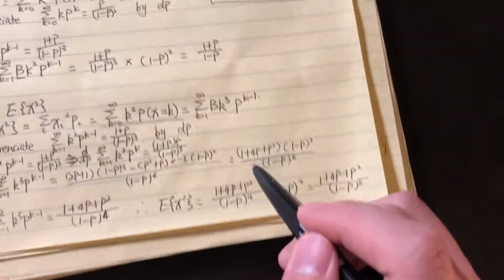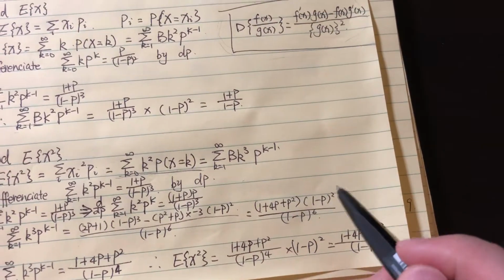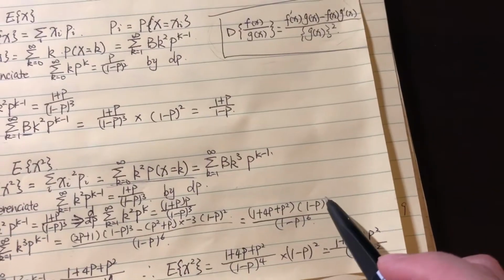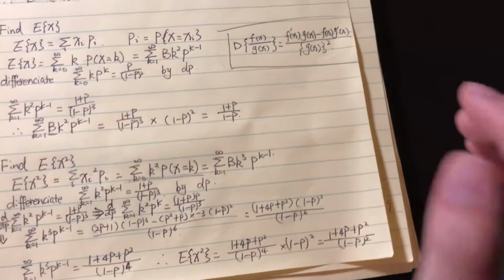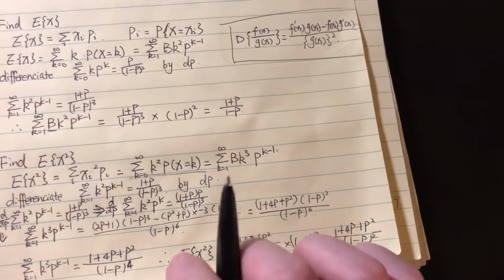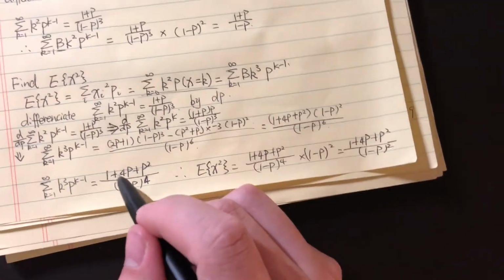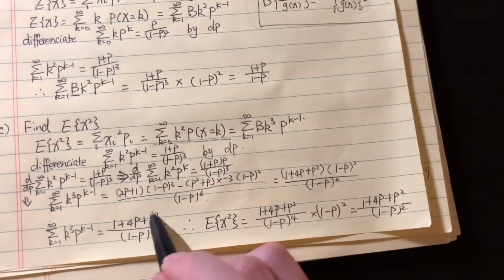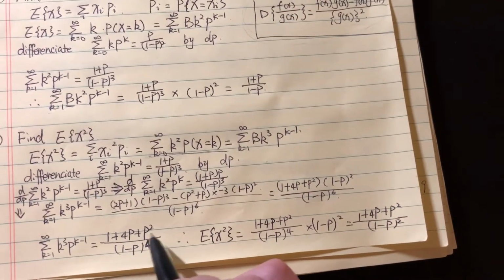So we get 1 plus 4p plus p squared times 1 minus p to the power of 2 divided by 1 minus p to the power of 6. By rewriting this, we get 1 plus 4p plus p squared divided by 1 minus p to the power of 4.